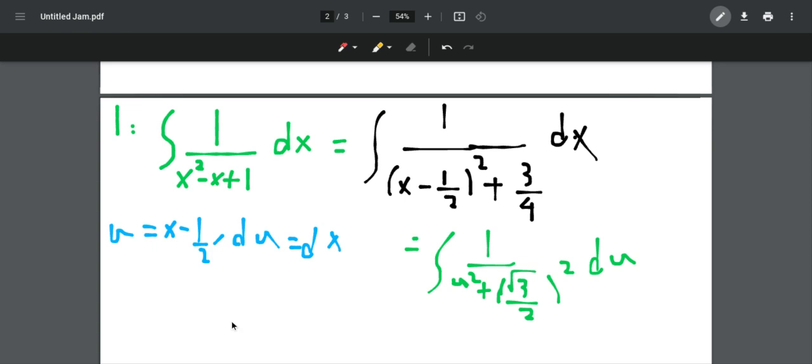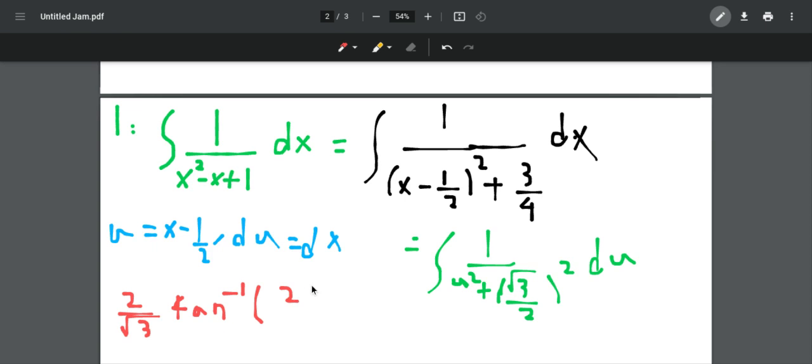So this is just 1 over a, which is root 3 over 2, so it's 2 over root 3, and we don't need to rationalize the denominator, it's okay. Then we have arctan, or I'm writing it as tan inverse, and then we have u, which in this case is x minus 1 over 2, divided by a.